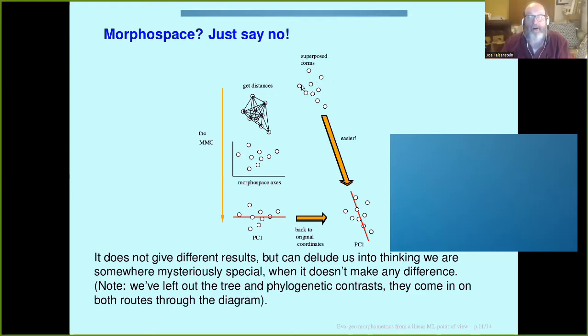So here the standard morphometric consensus methods, as I understand them, is to get distances among these points. Then you go through the principal coordinates machinery and you get morphometric axes, and you're now in a morphospace.